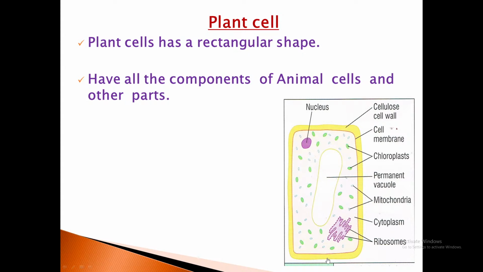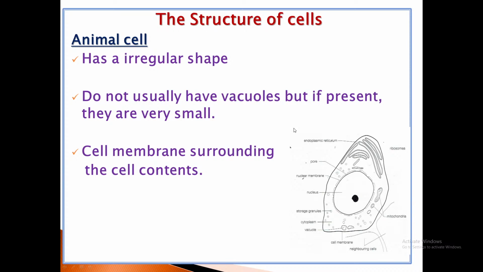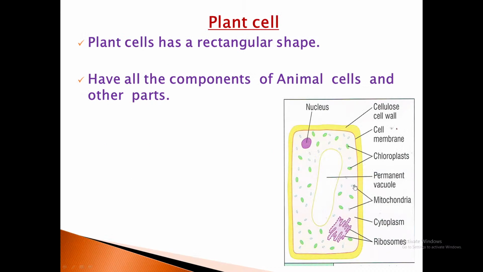This is what is known as the cell wall. Now as for animal cell, you will not find a cell wall in animal cell. So only plant cell you will find cell wall in. So that's a difference between plant cell and animal cell, meaning that you will find cell wall in plant cell but not in animal cell.